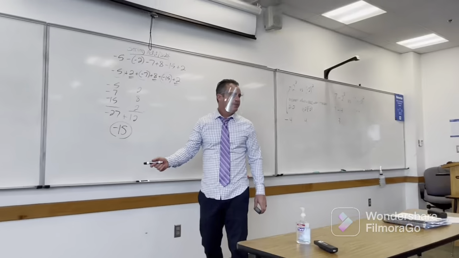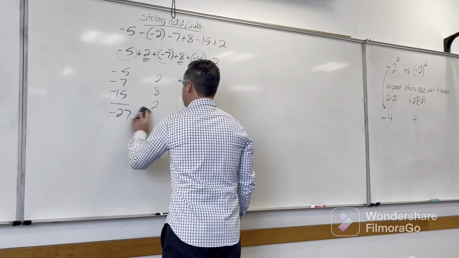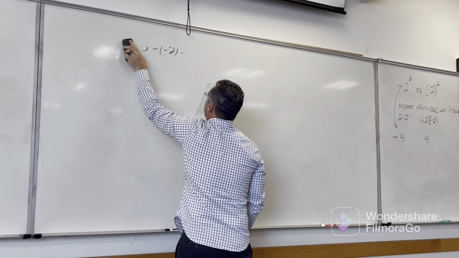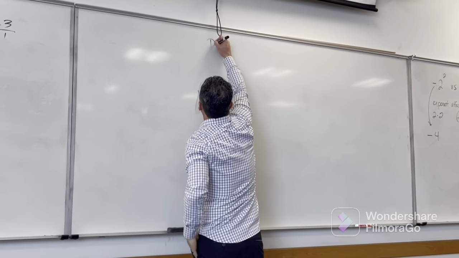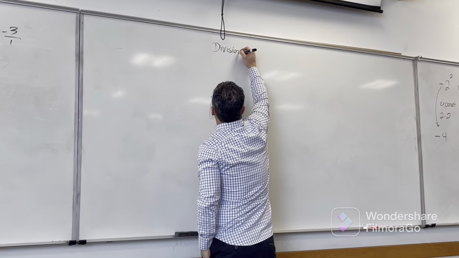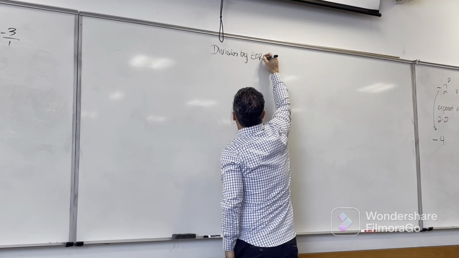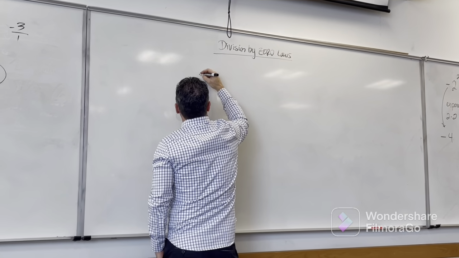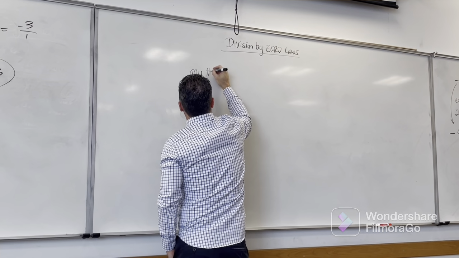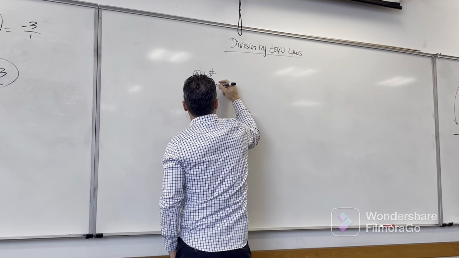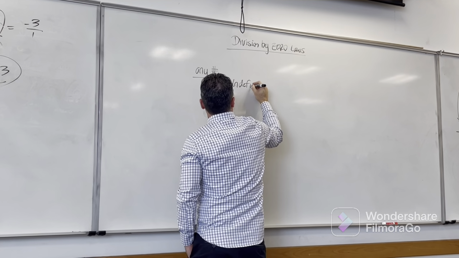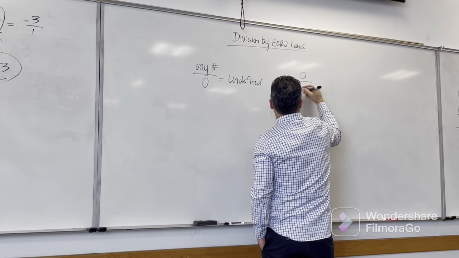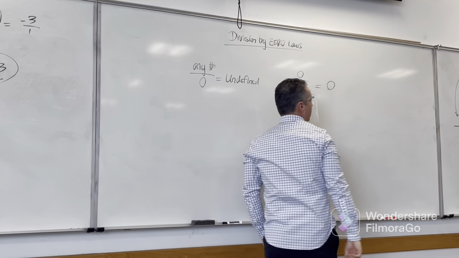Okay, last thing I want to teach you that's covered in 1.5 and 1.6 is the principle of division by 0. These are the division by 0 laws. Any number divided by 0 equals what we call undefined. 0 divided by any number equals 0.